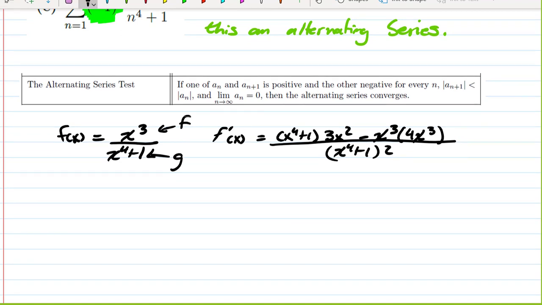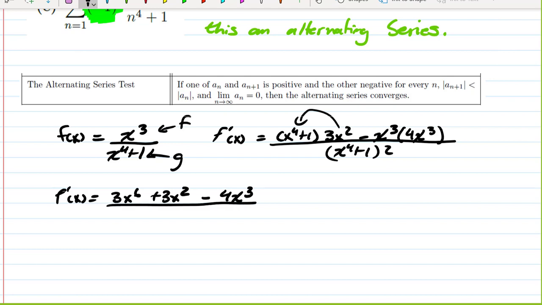Now let's clean this up a bit. Our f prime is going to be 3x to the sixth if we distribute this in, plus 3x squared minus 4x cubed all over x to the fourth plus 1 squared.